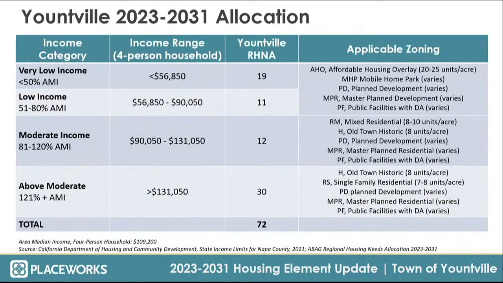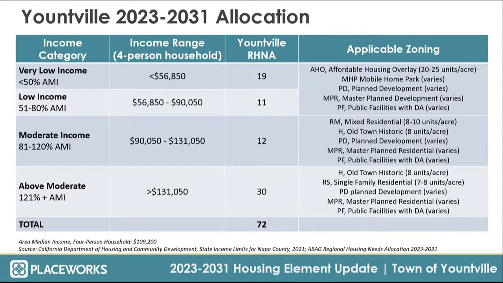Now this slide just shows basically the 72 units broken out by the income categories. So of the 30 units of the lower income, there is the affordable housing overlay zone that does allow 20 to 25, and we'll talk more about that.